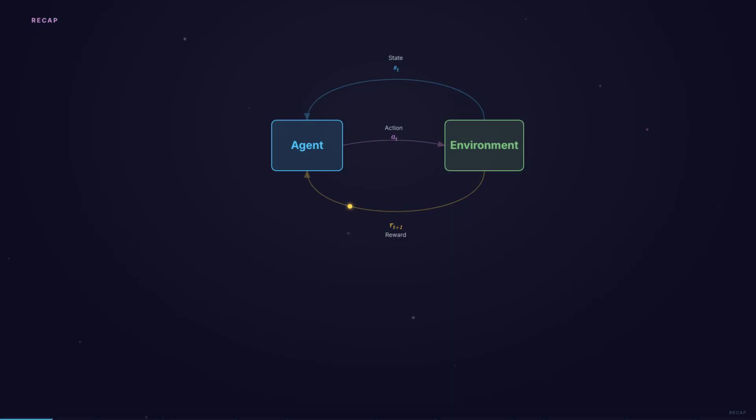Let's recall the core of Episode 1. An agent observes a state. It picks an action. The environment responds with a new state and a reward. Then the loop repeats. We used words like state, action, and reward, but we didn't define them precisely. What exactly is a state space?